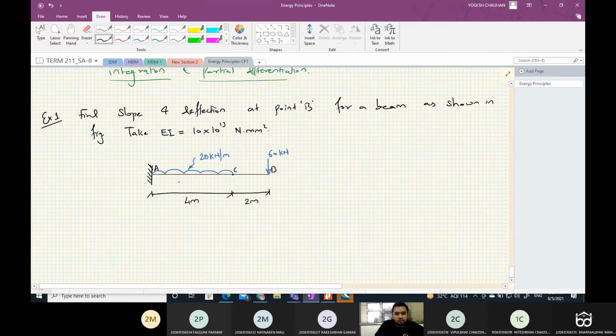The flexural rigidity of member BC is 2EI.